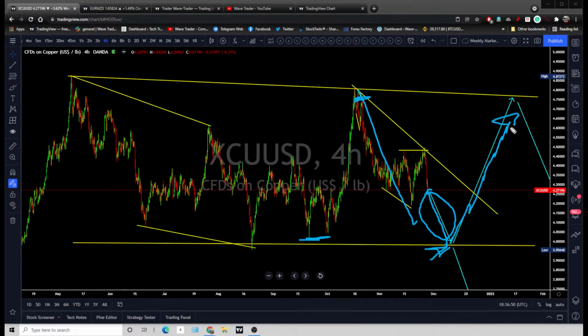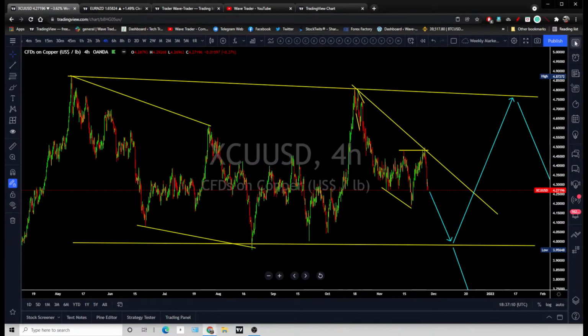That buy can extend up to this top. It's not ready yet, because the bearish wave has to finish first at that low. Once it finishes and bounces off, you are looking for this to go higher for that wave. So still continuation to the downside.